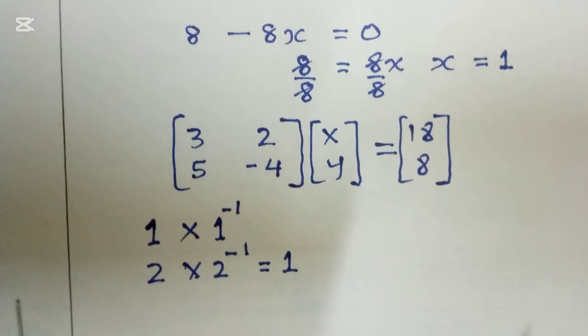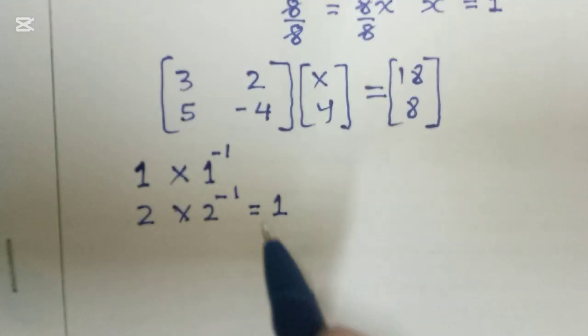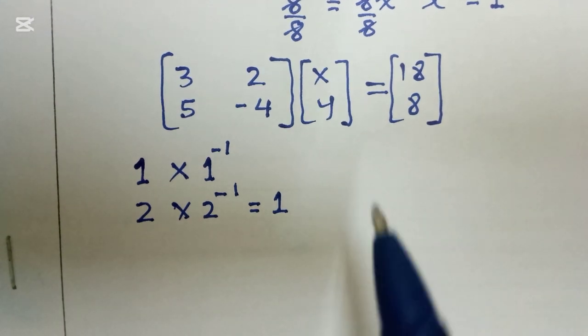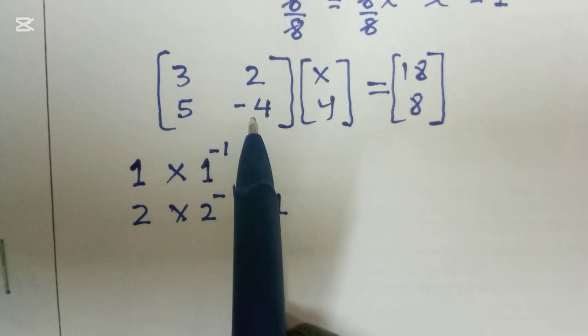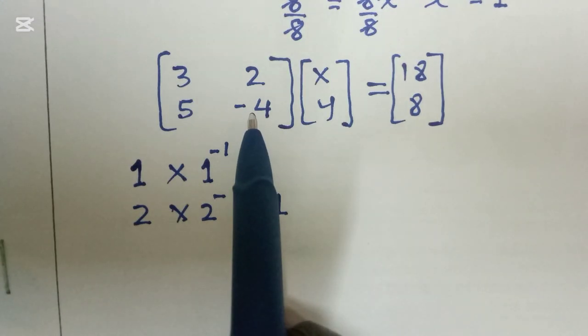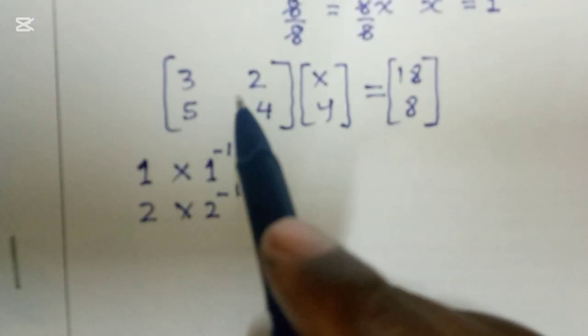So the first thing, guys, we are now going to look for that inverse. And for us to find that inverse, you look for the determinant first. Determinant first, we have said, is the product of major diagonal minus the product of minor diagonal.